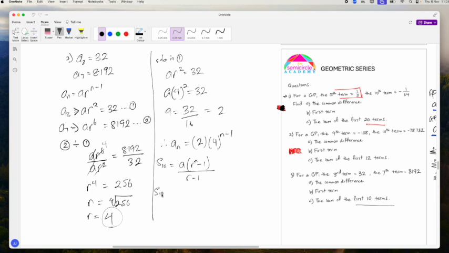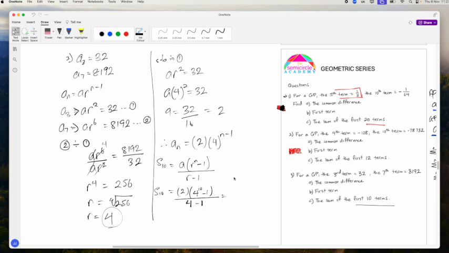And so S sub 10 is going to be A, which is 2, into R, which is 4 to the power of 10 minus 1, all over R, which is 4 minus 1.